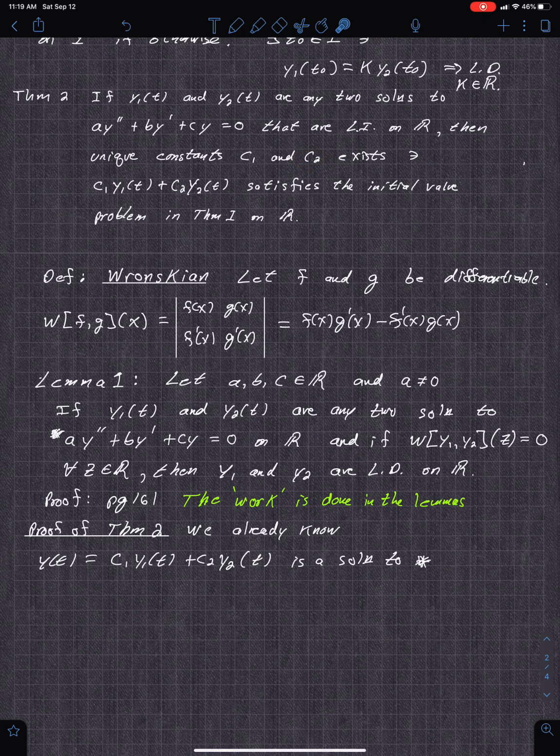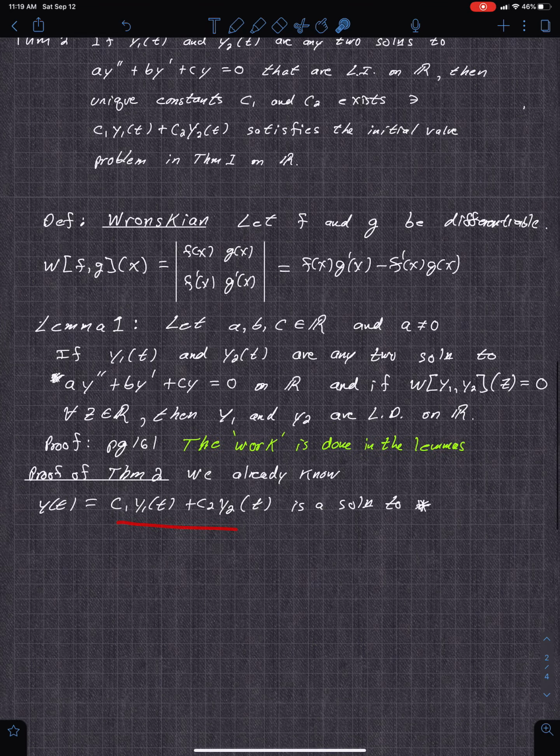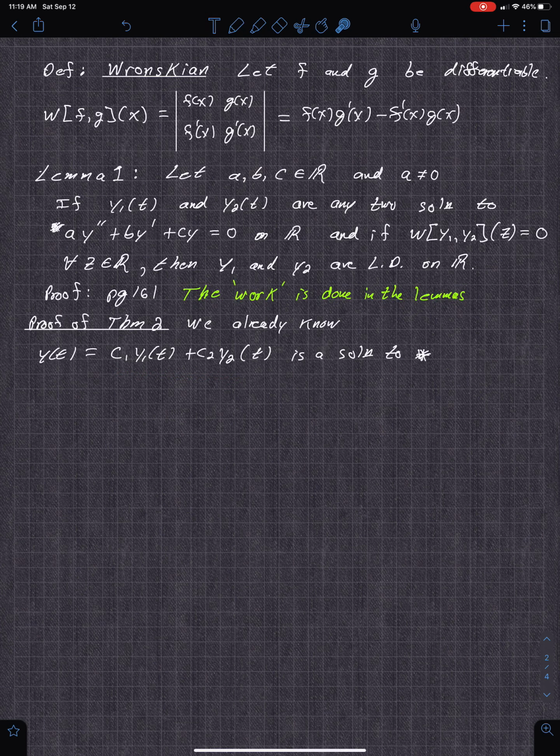Okay, so what we get is the assumption that this is a solution. So we know that it is a solution.